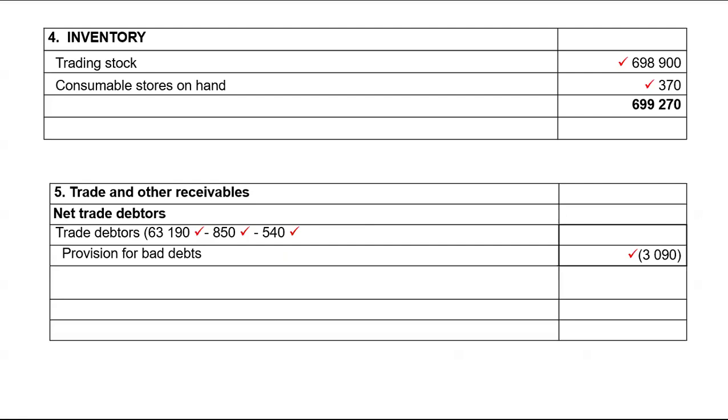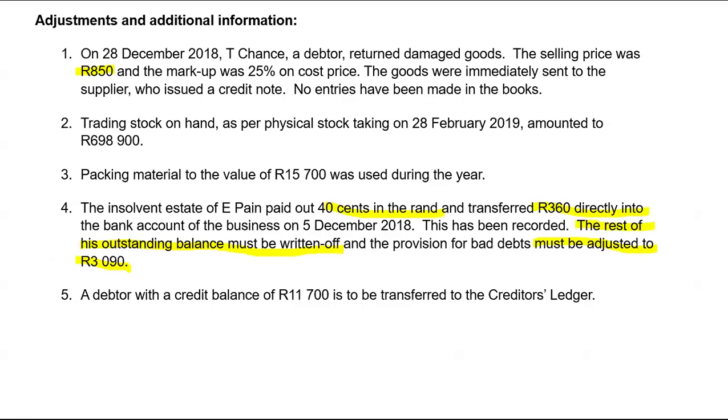It looks like we have an extra thing that I missed. It says a debtor with a credit balance of 11,700 is to be transferred to the creditor's ledger. Here I have to explain the story. We are dealing with the debtor's ledger, which is DL.